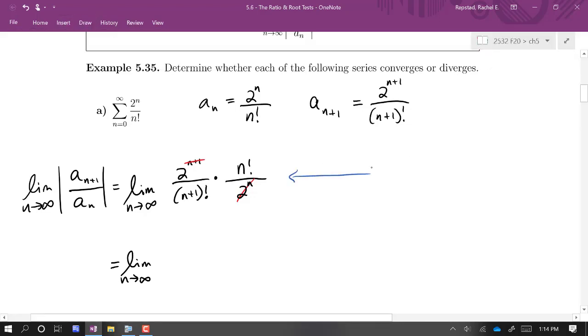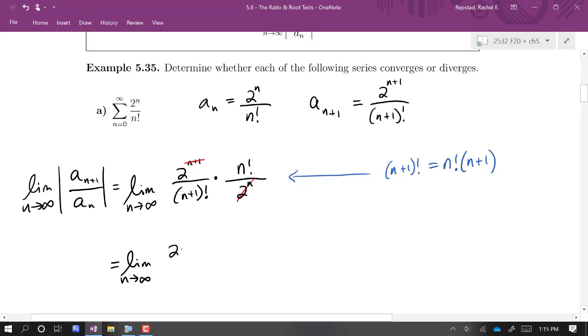I just want us to remember that (n+1) factorial is equal to n factorial times (n+1). Like it has all the same factors that n factorial has, plus the additional factor of n+1. So I'm going to use that to rewrite the denominator.